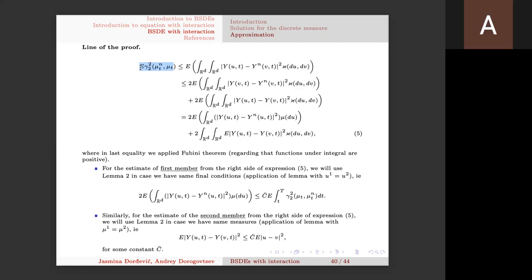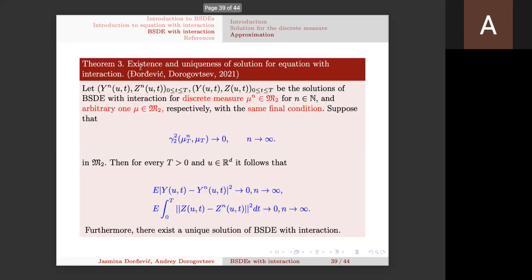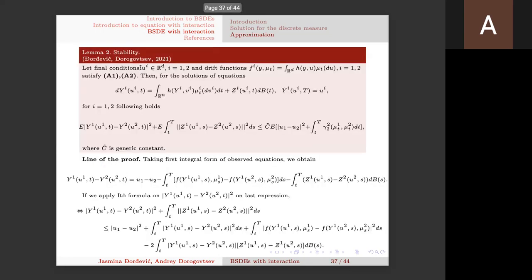Yes, and we checked it before: the second moment is estimated through this u1 minus u2 in square.